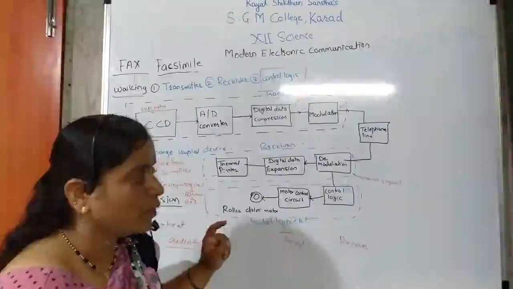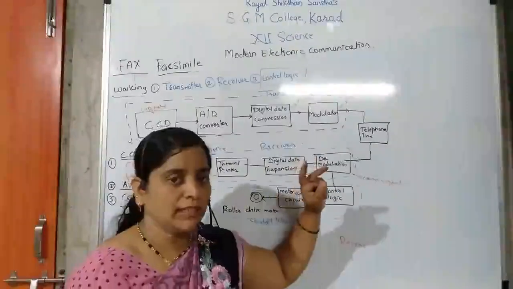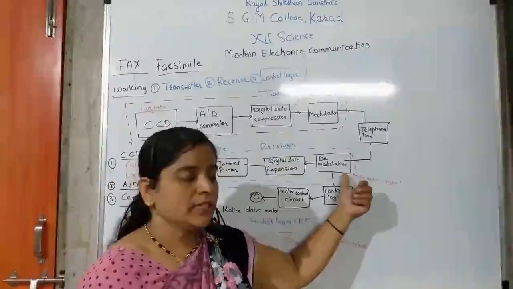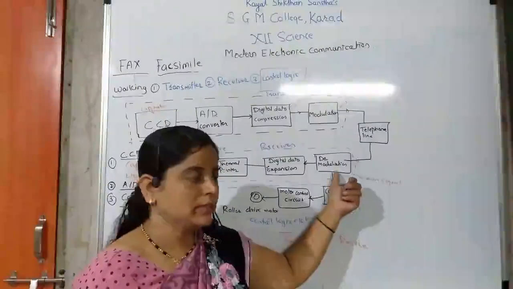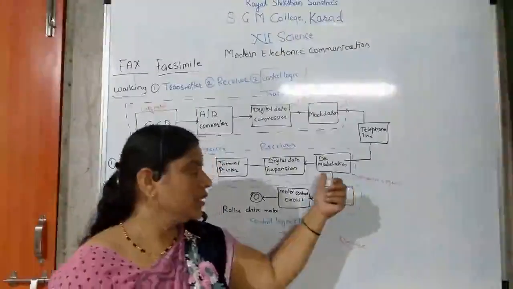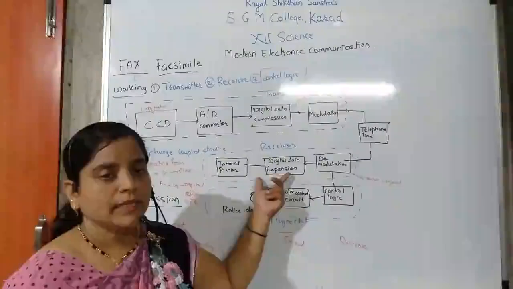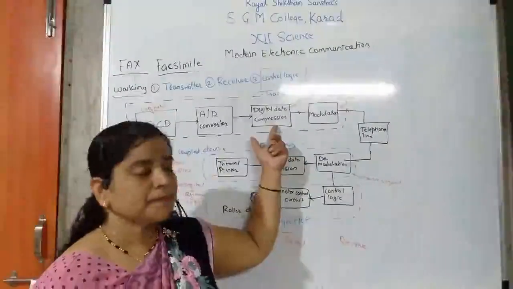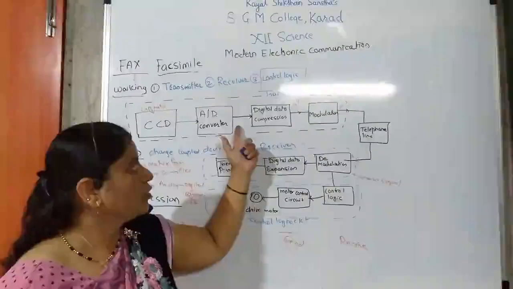Which signal does the telephone line require? Analog signal it requires, and then it is given to demodulation. In demodulation, the carrier signal is removed, and the result is given to digital data expansion. In digital data expansion, the data is expanded back as it was before compression.